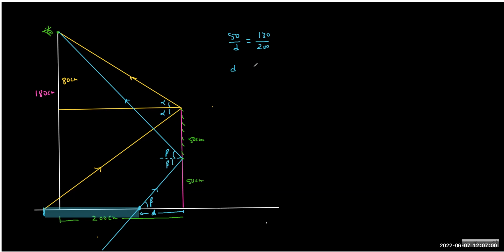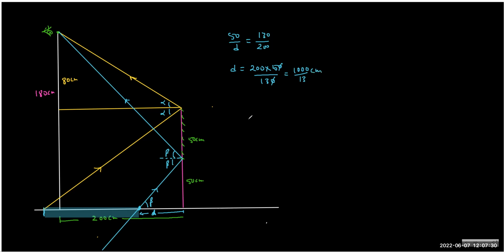So d turns out to be how much? So we got d equals 1000 by 13 centimeter.